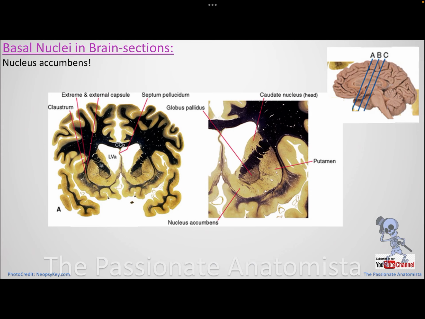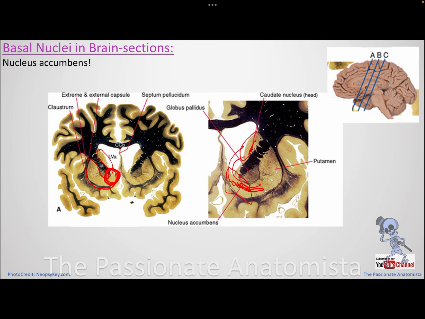Perfect. And here I wanted to show you, if we take a section anteriorly, you can see that the medial guys are continuous with the lateral guys. This continuation is what we call the nucleus accumbens. It's where the head of the caudate nucleus, the mouth of the mouse, is eating the cheese.